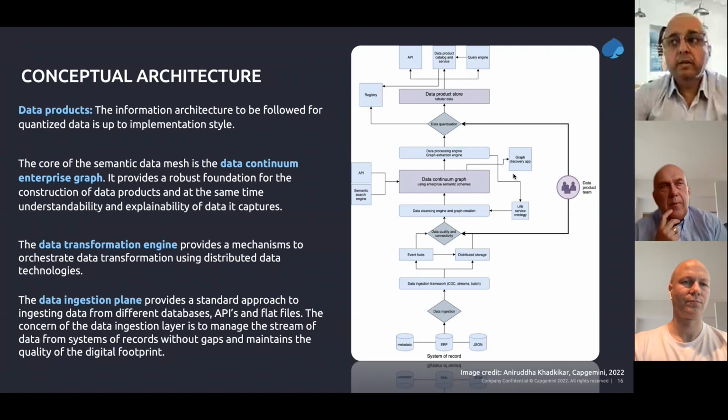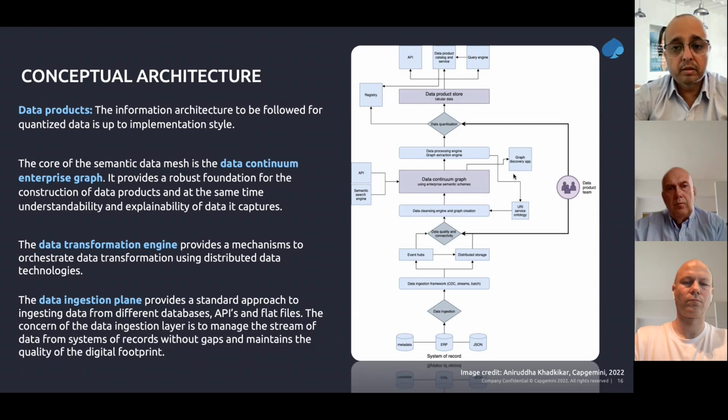I think today what I've been seeing is a lot of interest and curiosity around what the data mesh is and how to go about it. So we are in the early stages around data mesh thinking, but it has really been grabbing a lot of interest.